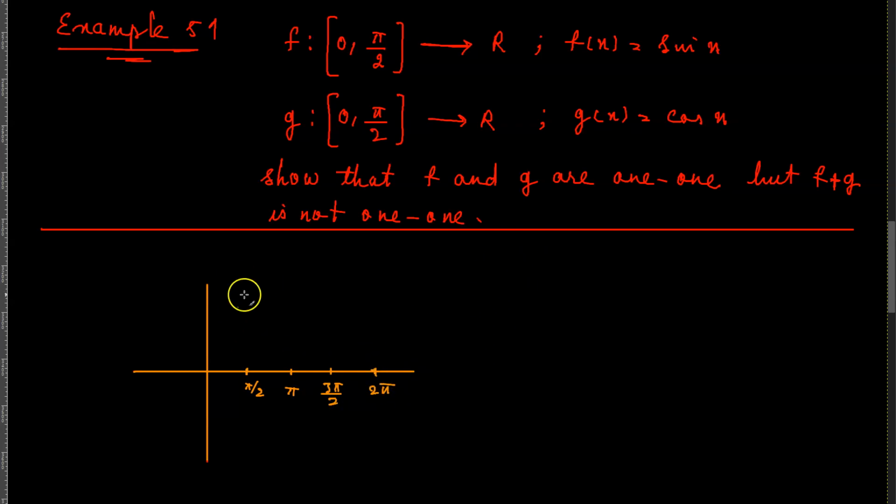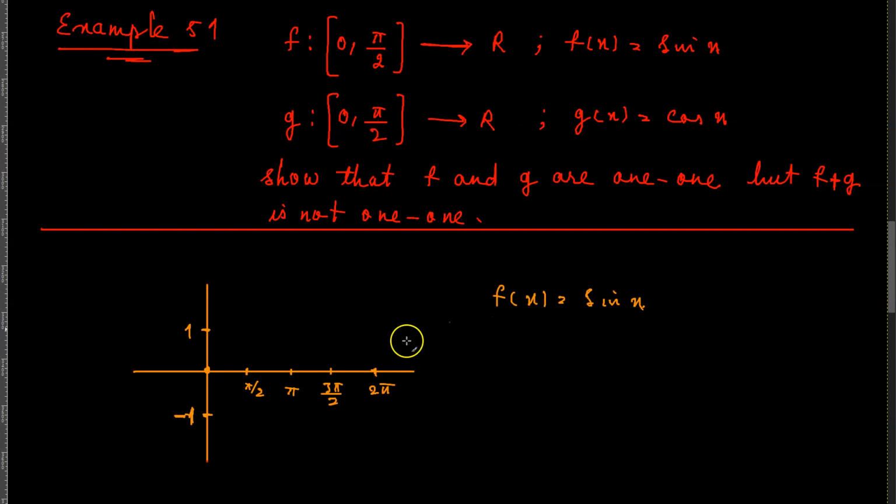And if you're plotting the function f of x is equal to sine x, of course, you know that sine 0 is equal to 0. So this is, let's say that this is 1 and negative 1.